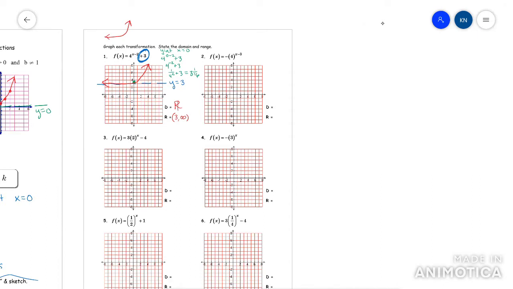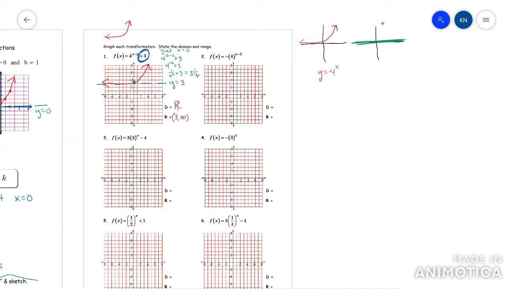Let me just show you. If it was just 4 to the x, it would look like this. But the fact that they threw a negative out in front, this negative is a reflection across the x-axis. So here's the x-axis.